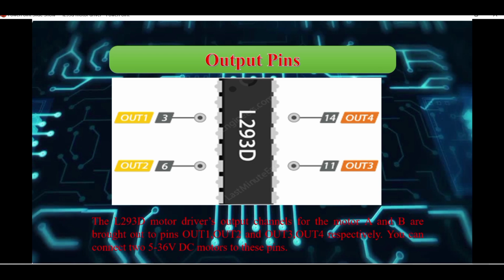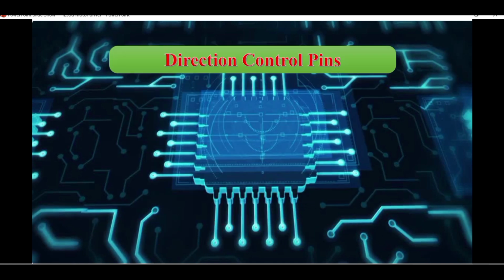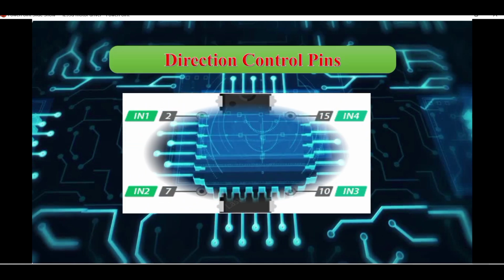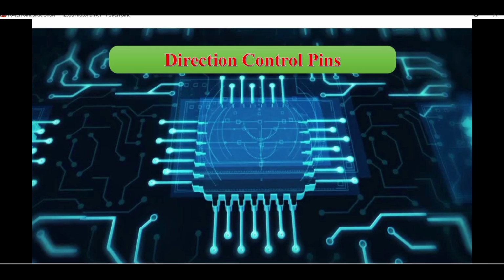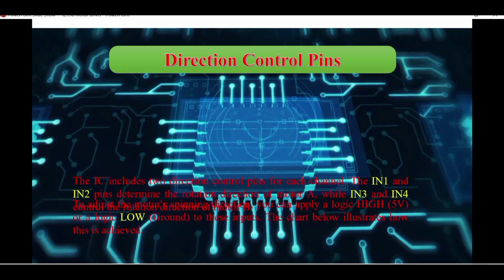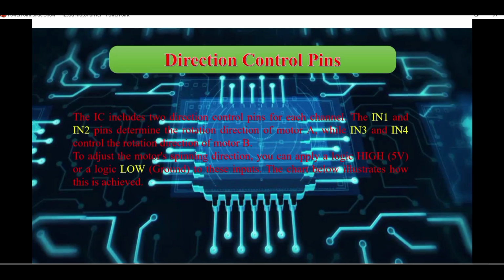We have 2 motors, motor A and motor B. For the first motor we connect output 1 and output 2, and the second is output 3 and output 4. And the directional control pins: input 1, input 2, input 3, input 4.